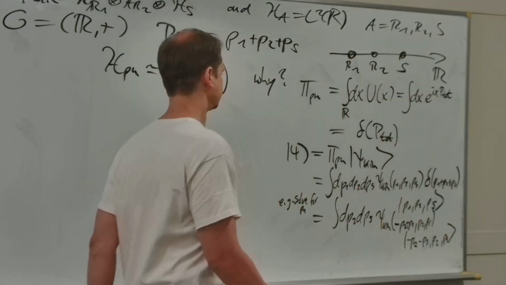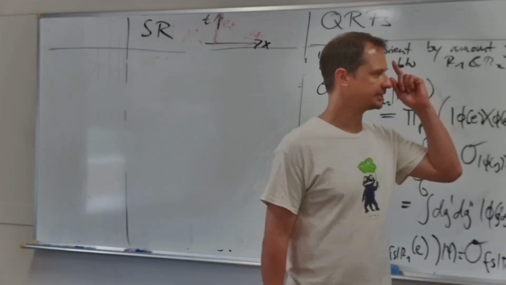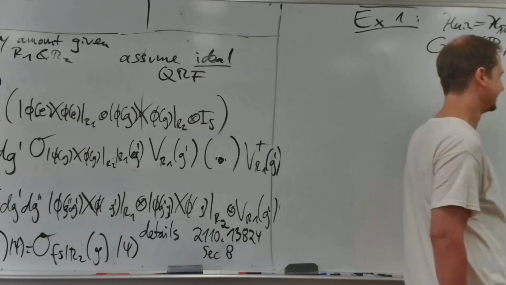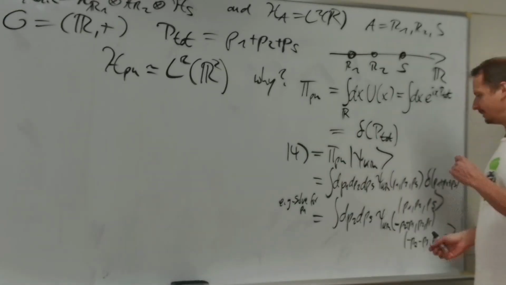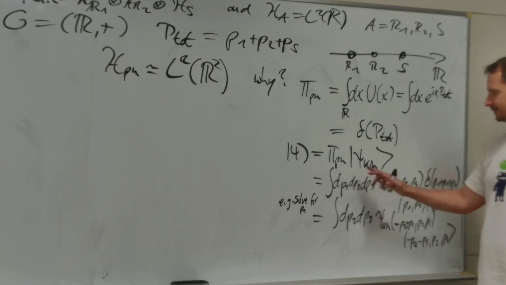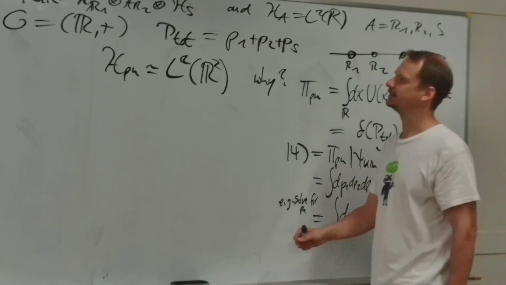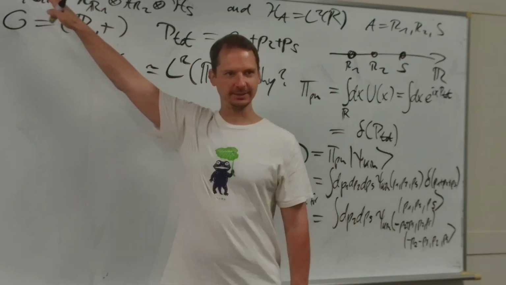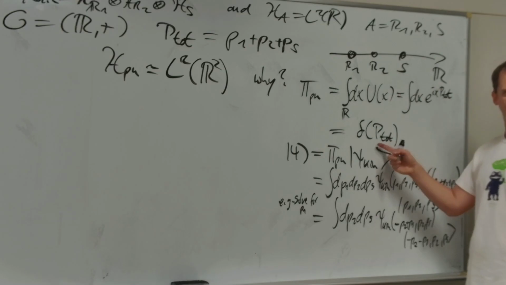Now the question is, of course, how do I normalize that thing? That was actually what I wanted to describe later. This is a clear example of states, this round bracket psi, that are not normalizable in the inner product of the kinematic Hilbert space, because I have the momentum eigenstate of the total momentum.